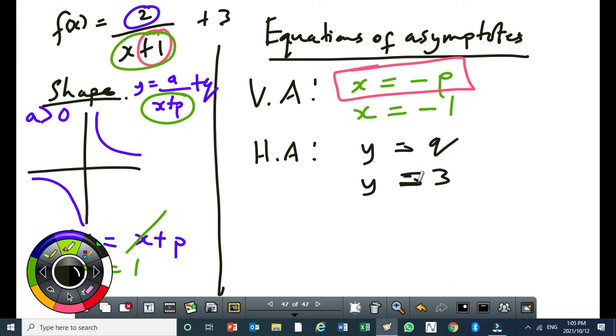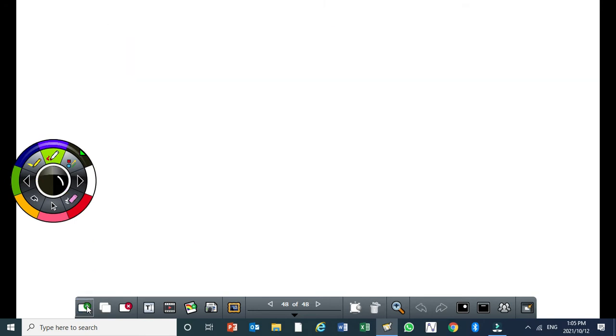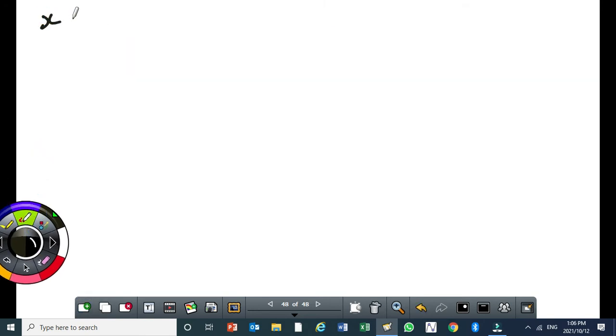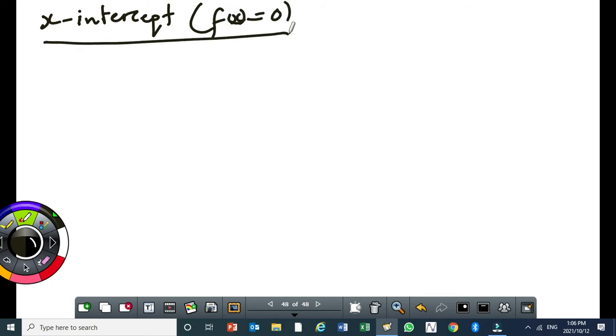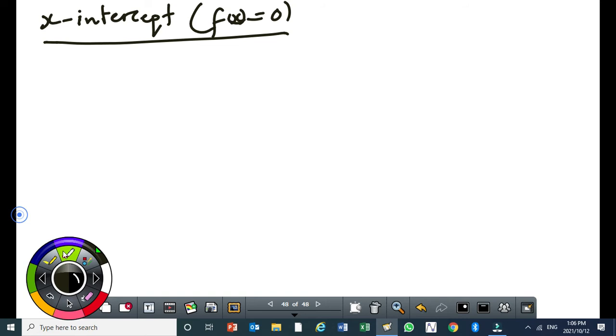Let's move on to get the y-intercept and x-intercept. Okay, so x-intercept. We get this when f of x is 0. Remember, f of x is y.